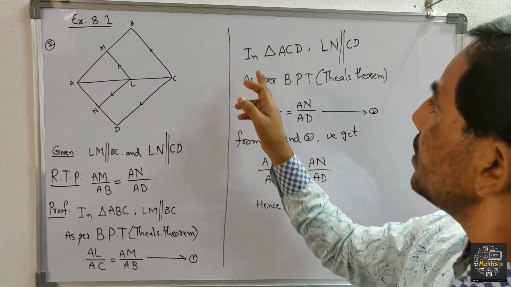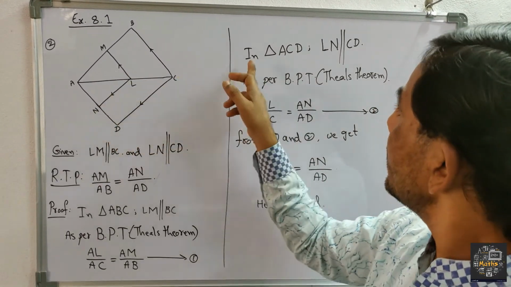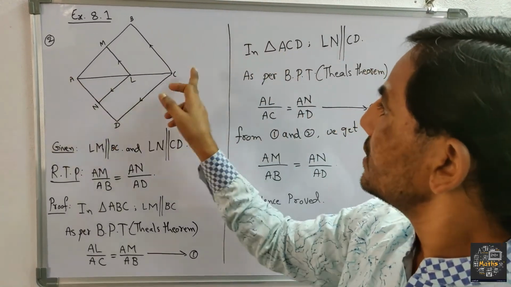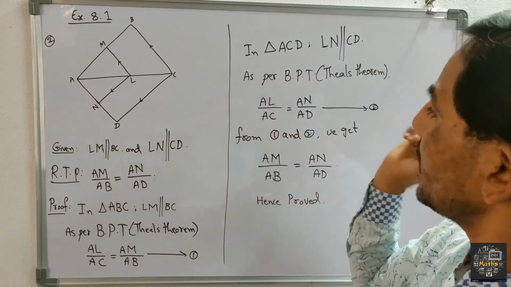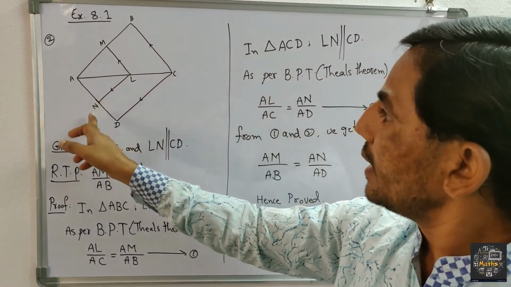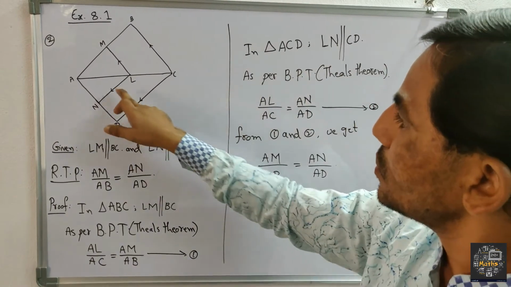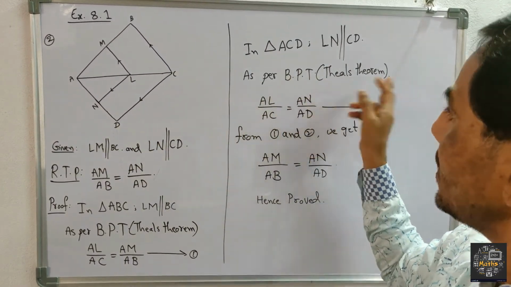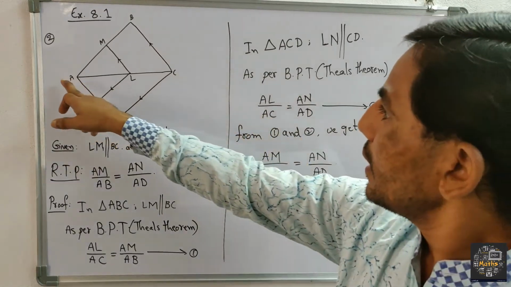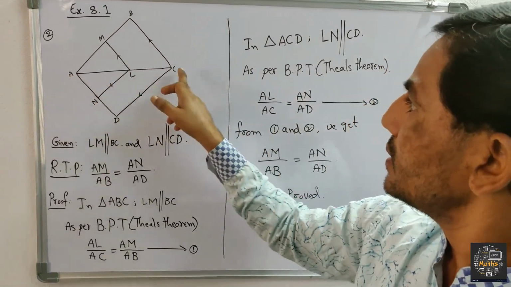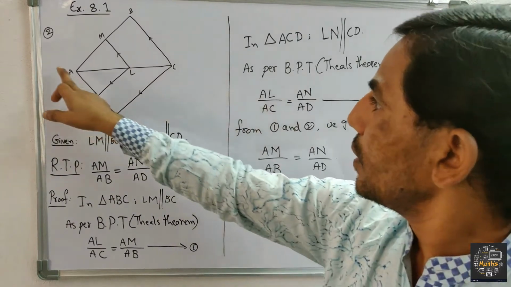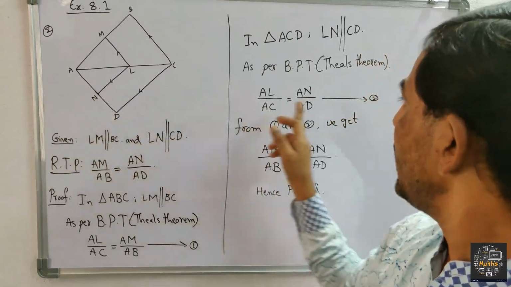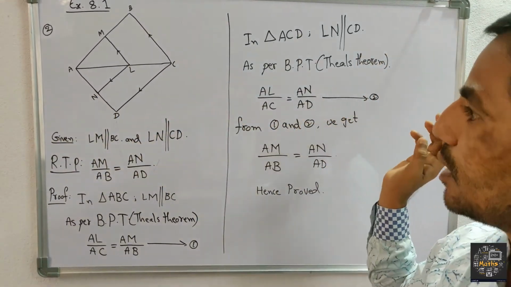Next, the same in the second triangle. In triangle ACD, ACD means the below triangle, here also LN is parallel to CD. These two lines are parallel. Again by the basic proportionality theorem or Thales theorem, AL by AC is equal to AN by AD. I am taking this as equation number 2.